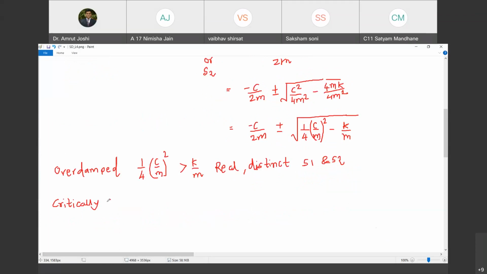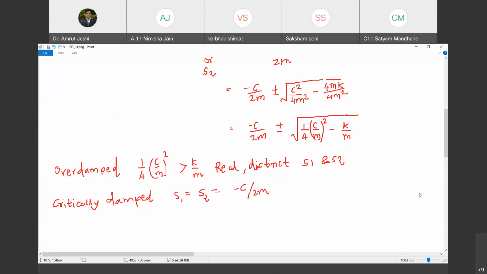Critically damped system, where (1/4)(c/m) squared is equal to k/m. That means in the bracket you are going to have 0, under the square root you are going to have 0, and therefore the two roots will be equal. So S1 will be equal to S2, and that will be equal to minus c/2m.